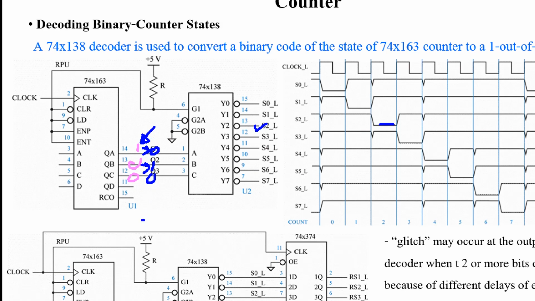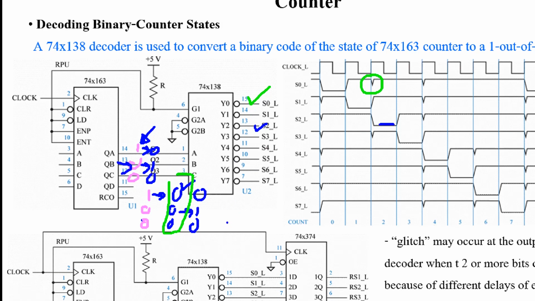If this bit changes faster, from 0 0 1, it goes to 0 0 0 first before this bit changes to 1, right? That means at this point in time, Y0 will be active. It's a glitch.